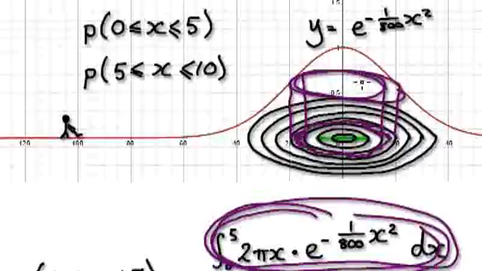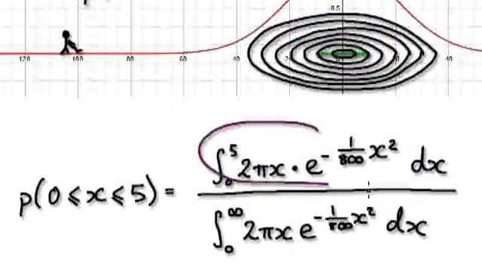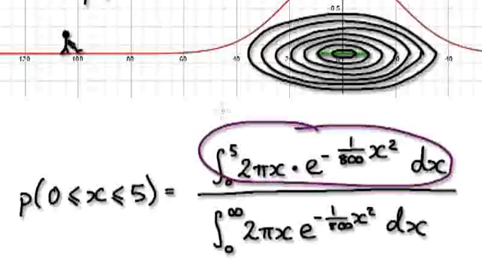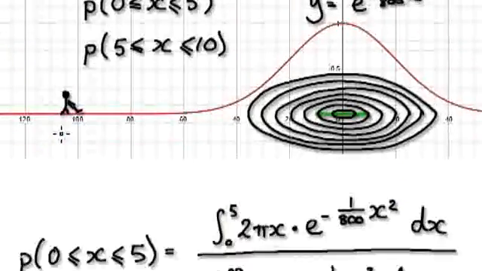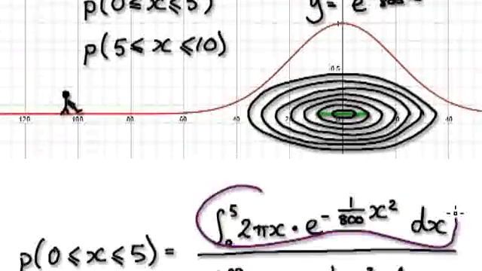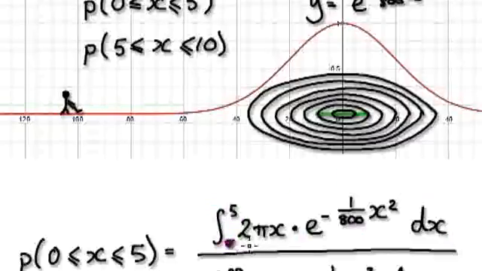Okay, so think of this as being your volume. Well, the point is that the higher this thing is, then it would automatically imply that the higher the probability would be. So let's just concentrate on this bit here. So work out the volume here from 0 to 5, and then later on work out from 5 to 10.